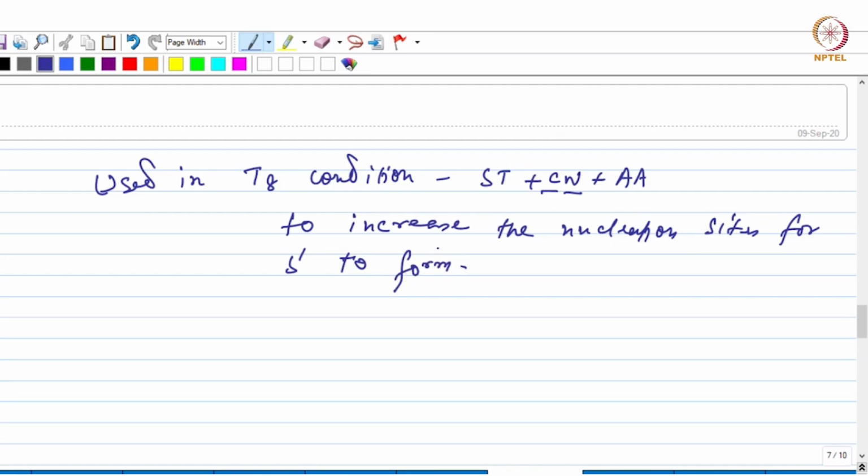Okay, so when you have this deformation given to the material, as you know, more dislocations will be generated, and these dislocations will now act as heterogeneous nucleation sites.